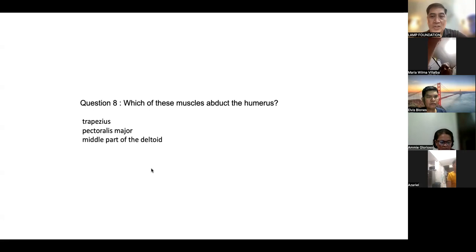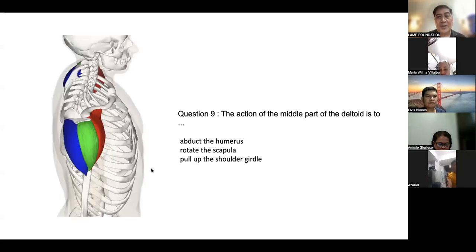Okay? So, which of these muscles abduct the humerus? Anong muscle? Trapezius. No. The middle part of the deltoid. The action of the middle part of the deltoid is? Abduct the humerus. Did you get this answer? Number 9, Doc.